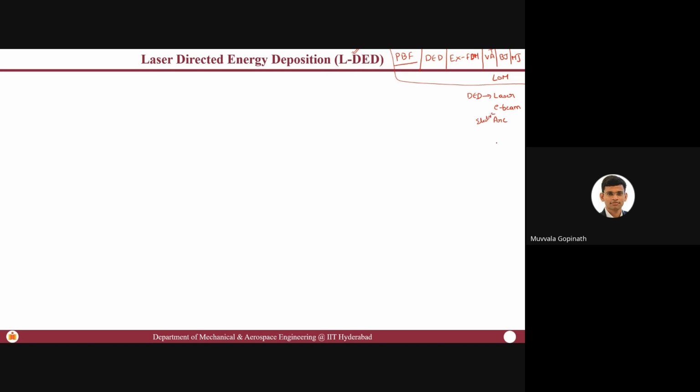Now, depending upon which source you are using for heating or melting the material, it has its own capabilities, limitations, and advantages. But today, considering the time and other aspects, we will keep our focus mainly on the directed energy deposition process where laser is used.